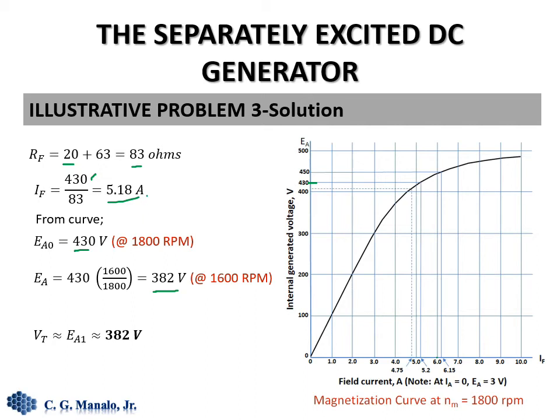That is for a speed of 1600 RPM and I sub F of 5.18. Now, since this is no load, we could say that our terminal voltage is roughly the same as the internally generated voltage. Although it is slightly different, it is safe to assume that our terminal voltage is the same as our E sub A.